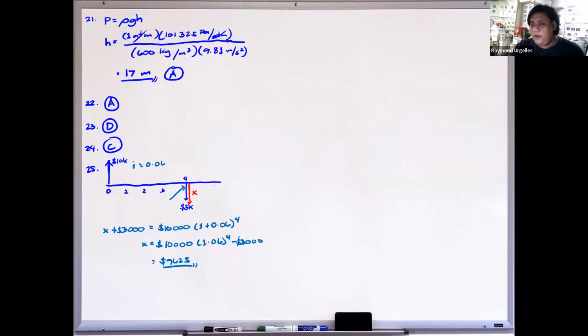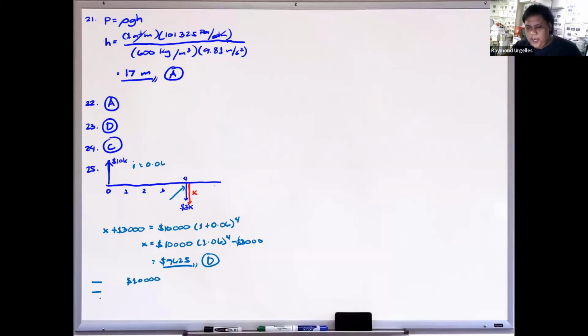Another way you can solve this is by means of a table. Start at $10,000.